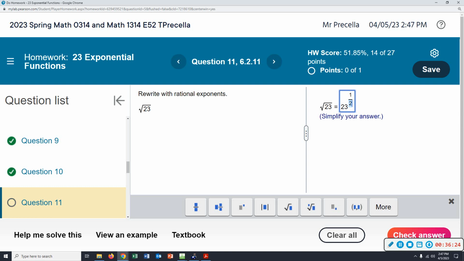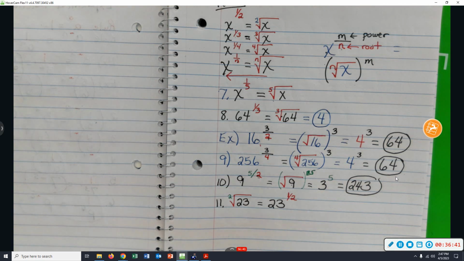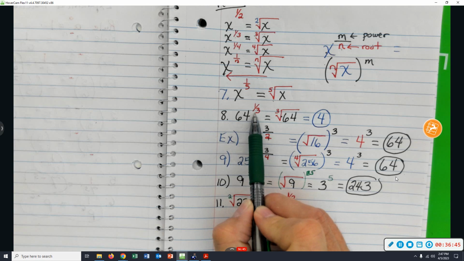You see, if you don't see a root here, you assume it's a little 2. But if there'd been a cube root, if there'd been a little 3 there, then yes, you would put the 3.